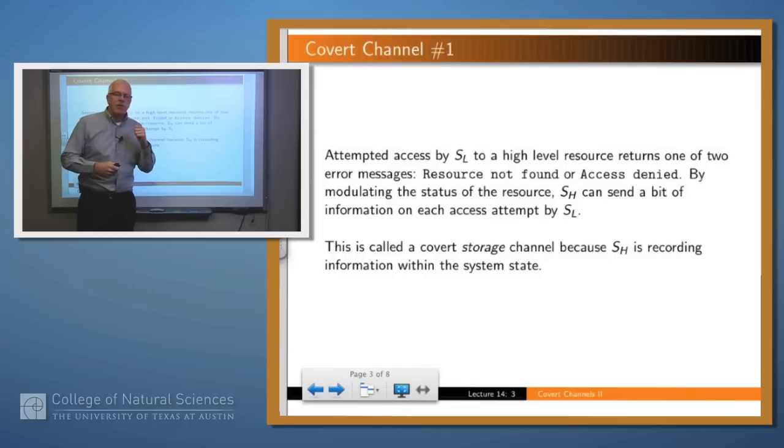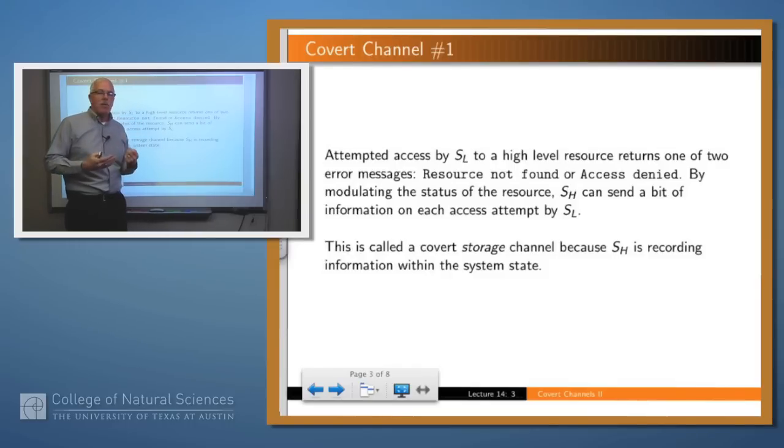Okay, so let's look at a few covert channels in realistic systems. In this first channel, suppose that you have a high-level subject and a low-level subject, and of course information is not supposed to flow from high to low. And yet, the low-level subject can attempt to access a high-level resource and gets back an error message, actually gets back one of two error messages.